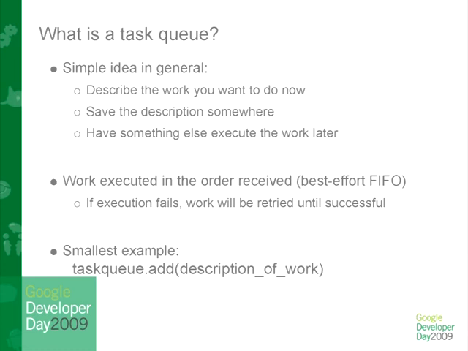And if at any time the execution fails, it'll be retried until eventually it's successful. So the smallest example you could have of a task queue is this. It's add a description of work to the task queue, right? Very simple. What's interesting is what that description of work is, and we'll talk about that very soon.